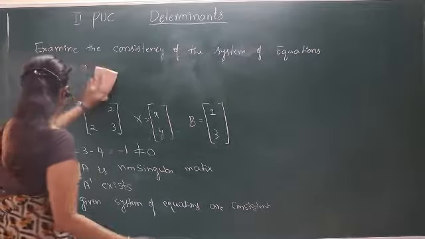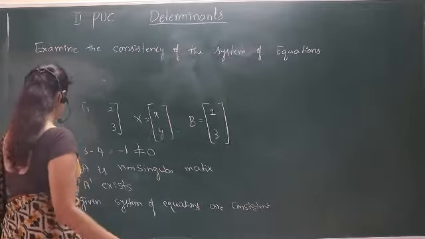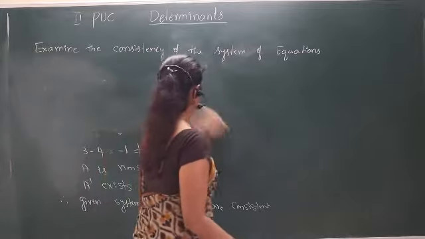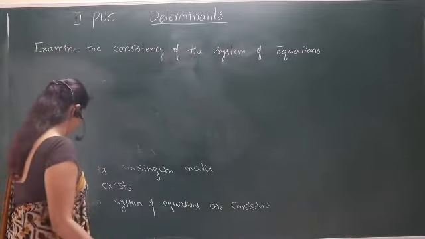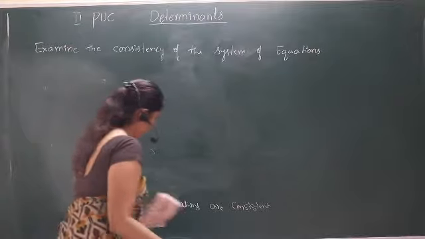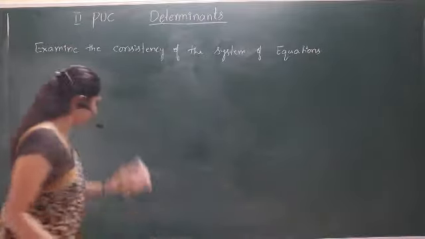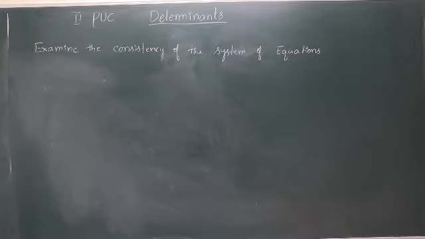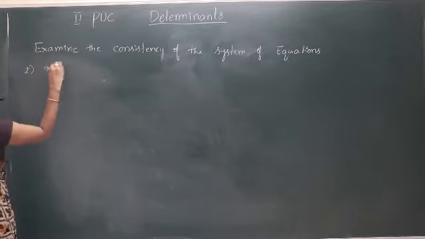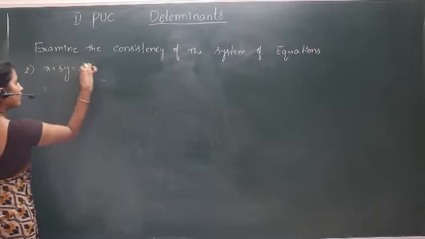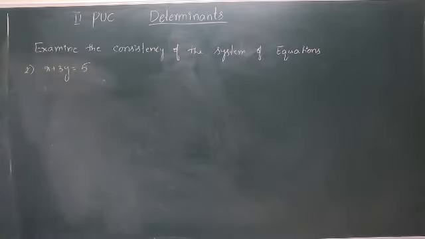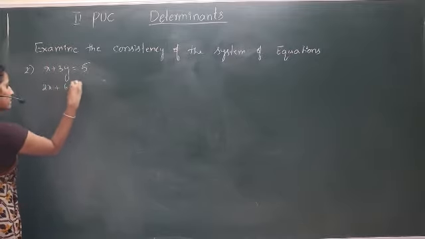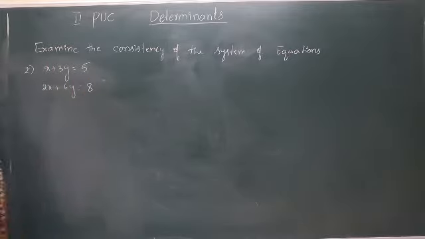Next problem. This was the first one. Next question: x plus 3y is equal to 5, and 2x plus 6y is equal to 8.